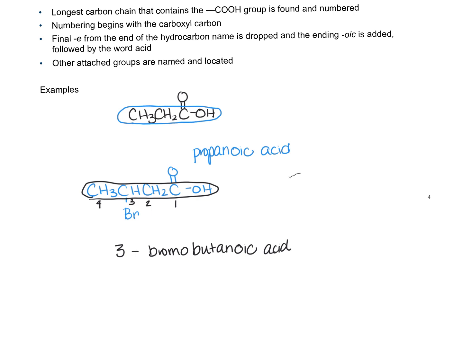Now, if you have groups that are aromatic, so for example, if we have this molecule here and we're asked to name it, these names are derived from the parent compound, which is benzoic acid, which looks like this.